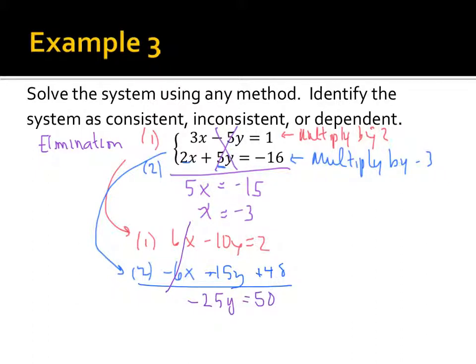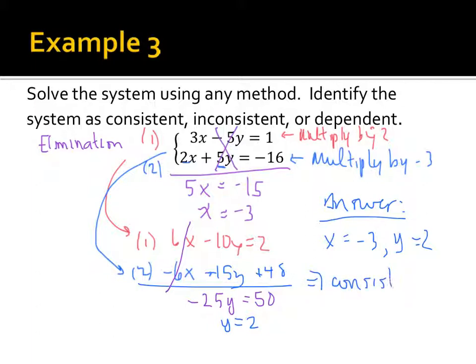And if I divide both sides by negative 25, I get that y equals 2. And so the answer here is x equals negative 3, y equals 2. And we found a solution, and so when we find a solution, this means consistent. And there we go. So this is consistent.